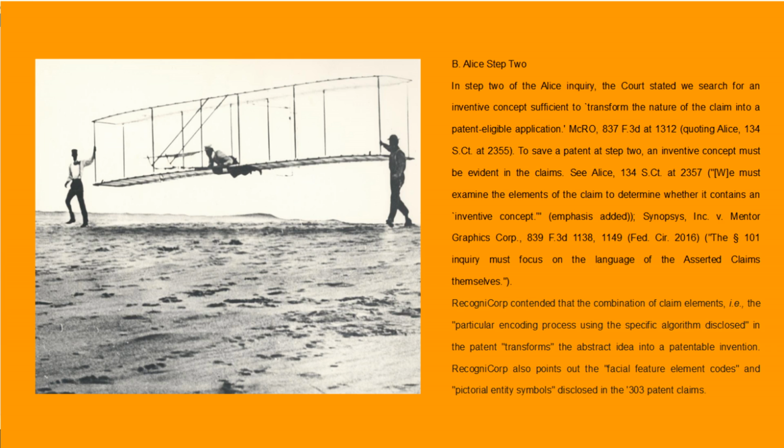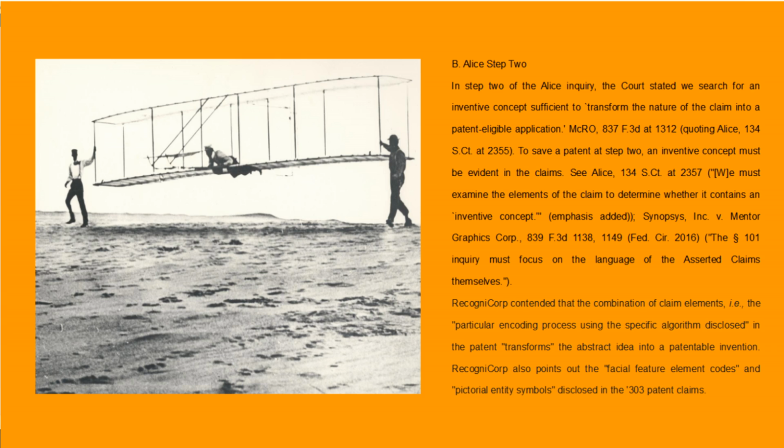See Alice. We must examine the elements of the claim to determine whether it contains an inventive concept. Synopsys, Incorporated versus Mentor Graphics Corporation. And the Section 101 inquiry must focus on the language of the asserted claims themselves.